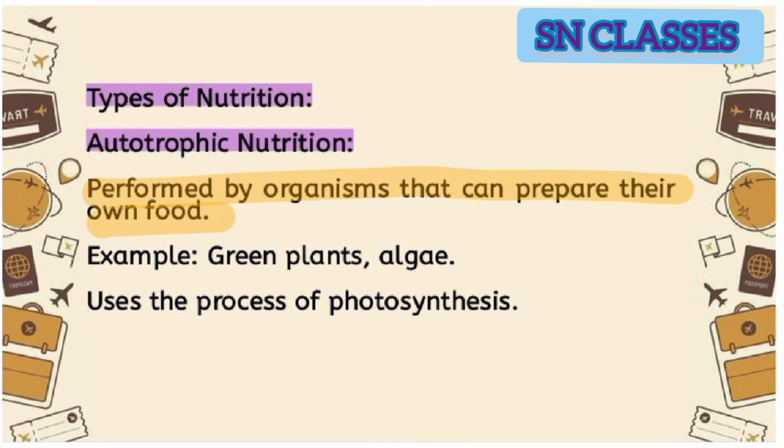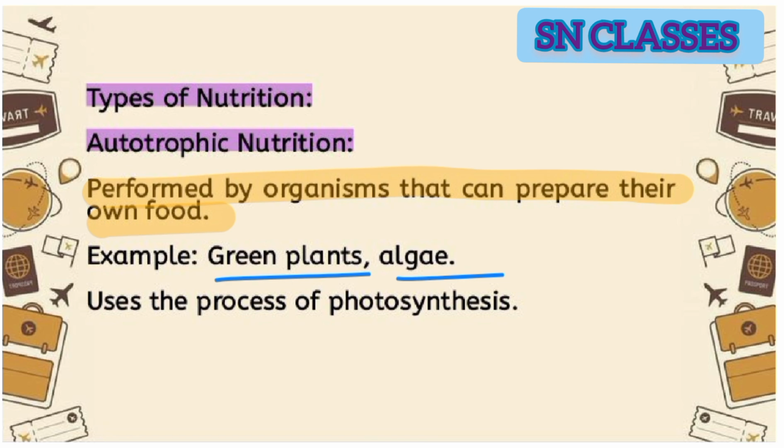Auto is nothing but own, trophic means preparation of food. So autotrophic nutrition is nothing but the organisms that can prepare their own food by themselves. The best examples are green plants and algae.